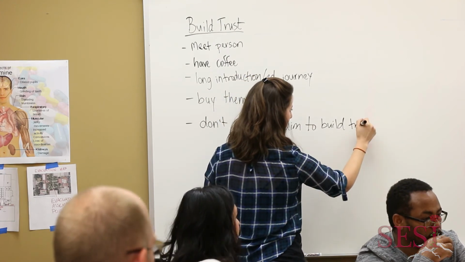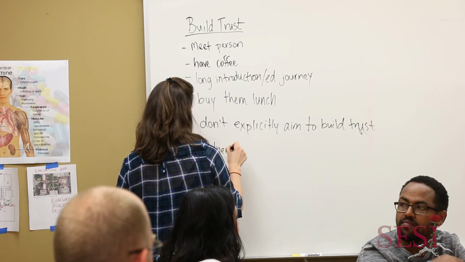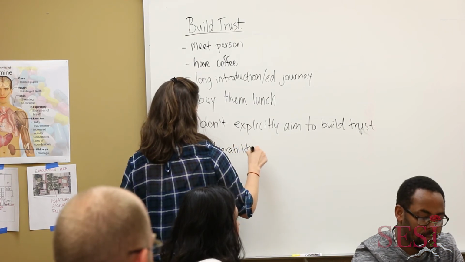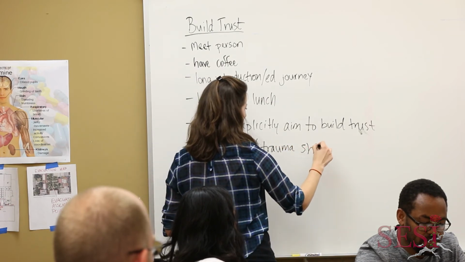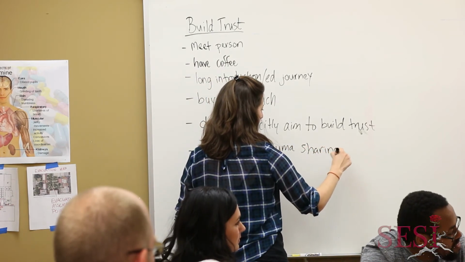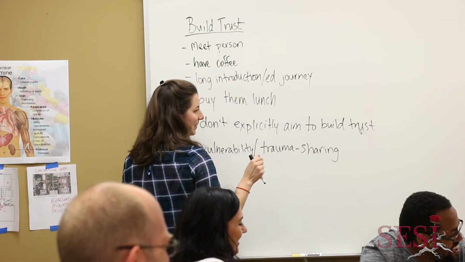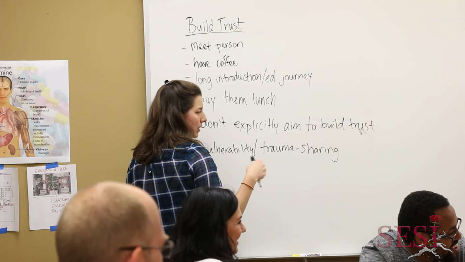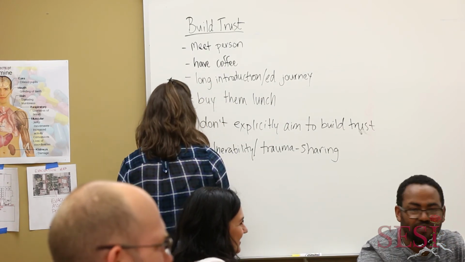Oh my gosh, why can I not write this word? Trust. All right. Vulnerability, trauma sharing. Okay? Well, not telling you about a trauma, like we actually share the trauma. Like experiencing trauma together? Okay. Escape room.